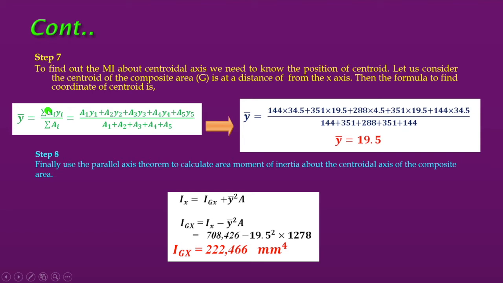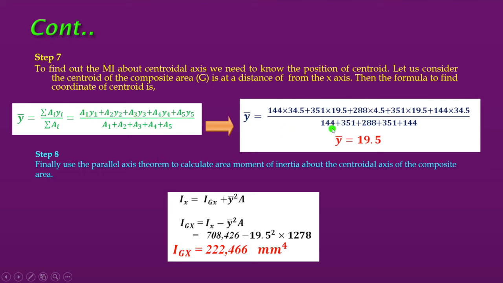In the last lectures, I told you the formula for the composite section, how to find the centroid. This is equal to summation of ai yi. Summation of ai yi means a1 y1 plus a2 y2, a3 y3. From the table we have calculated all these values a1 y1 and so on.